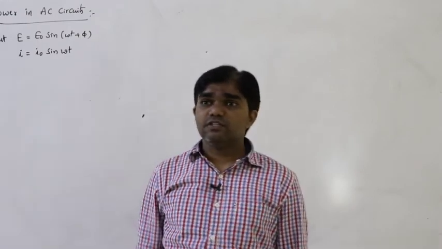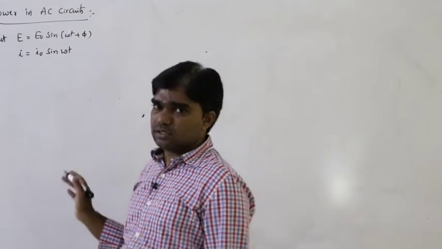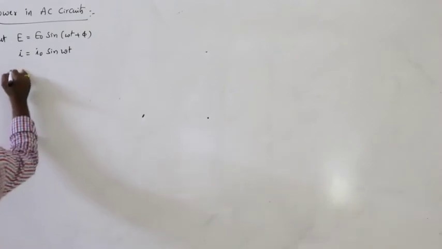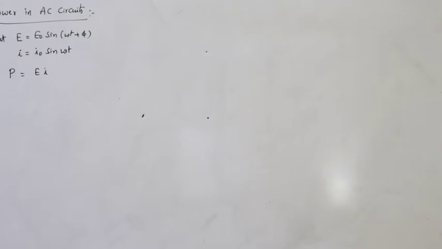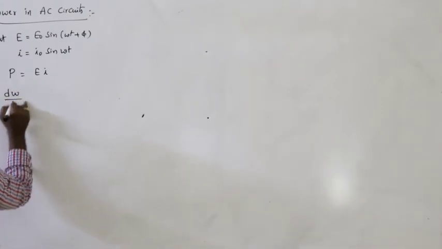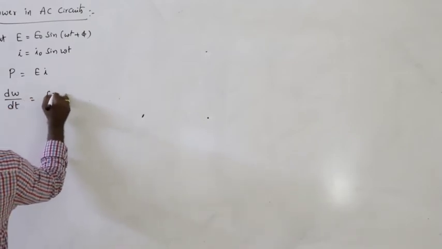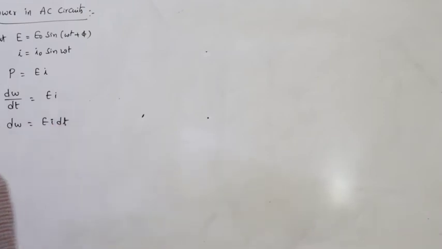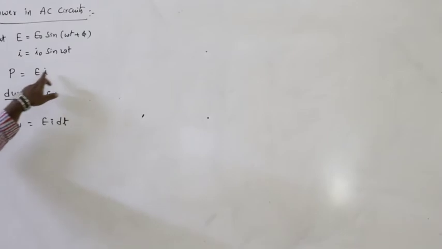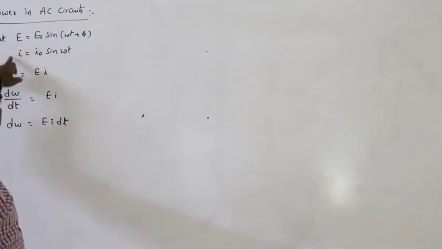Let us say power P can be written as EI, so that is dW by dt is equal to EI. So dW can be written as EI into dt. Generally power can be written as potential into current, EMF into current.